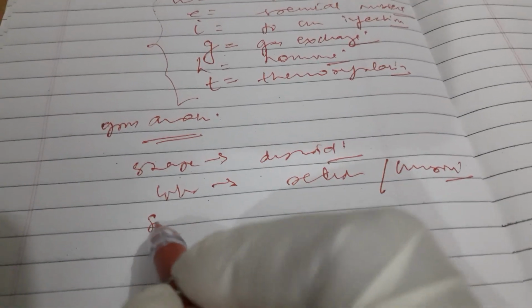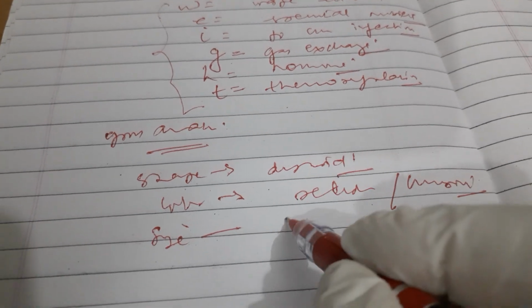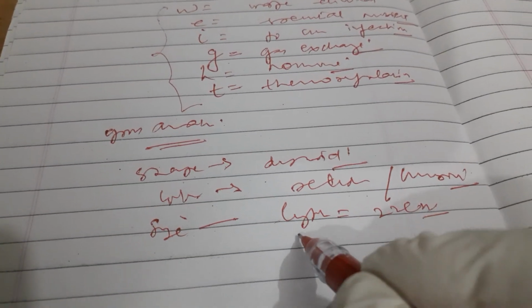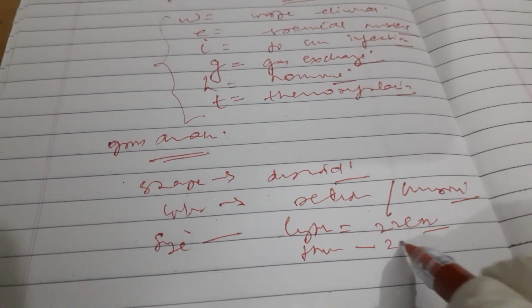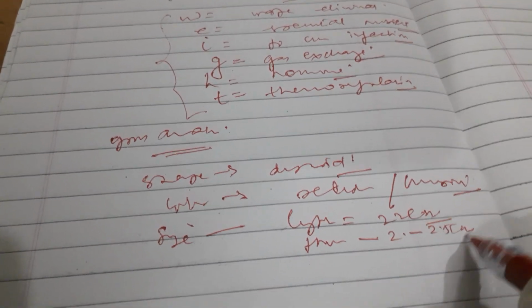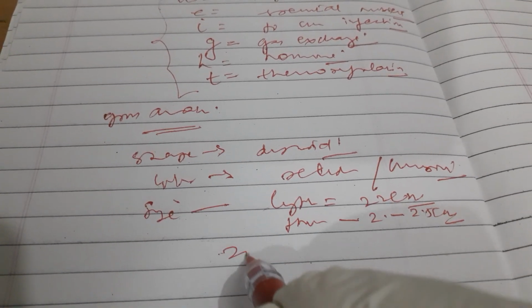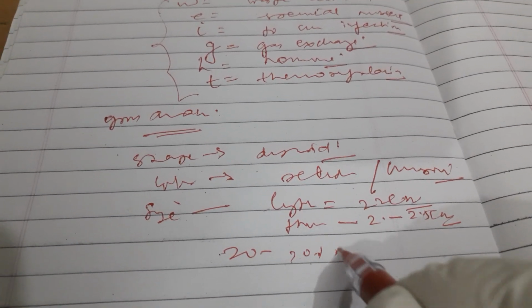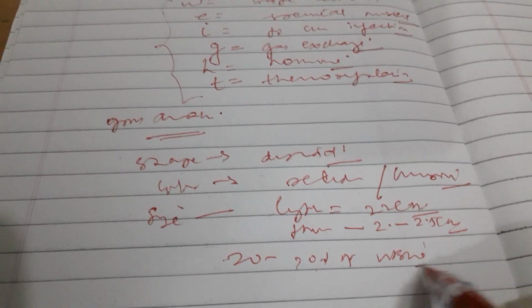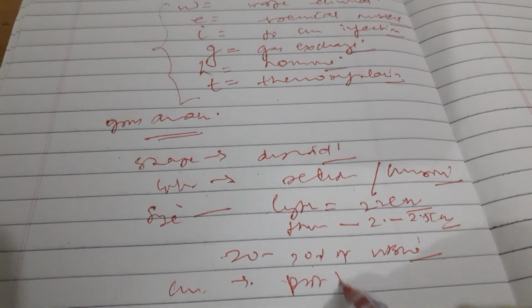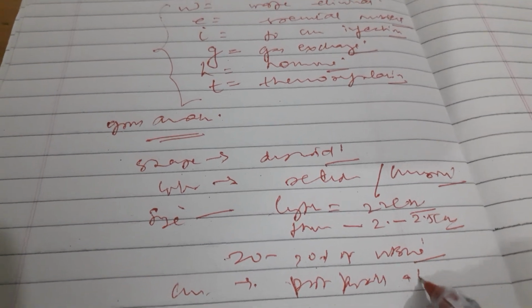Its size: diameter 22 centimeter and thickness is 2 to 2.5 centimeter, and it occupies 20 to 30% of the uterine cavity. Common site is the posterior wall and the fundus of uterus.